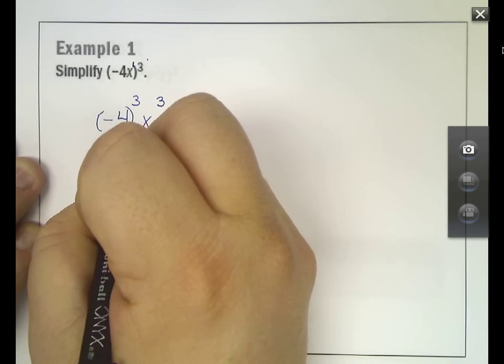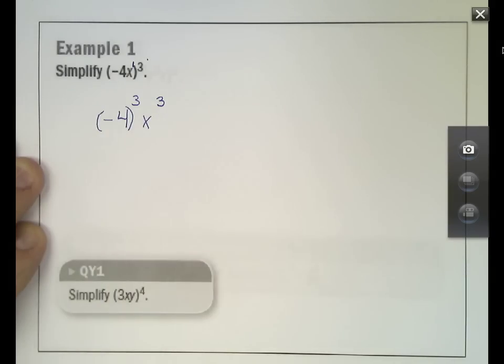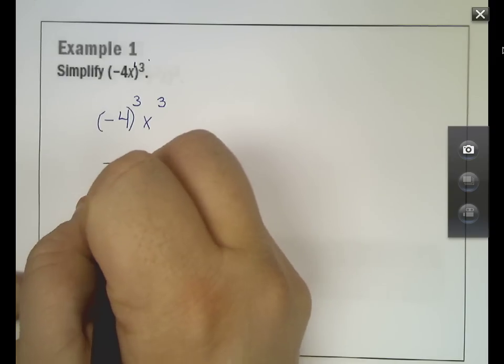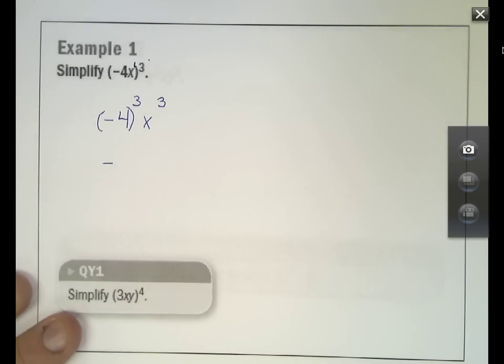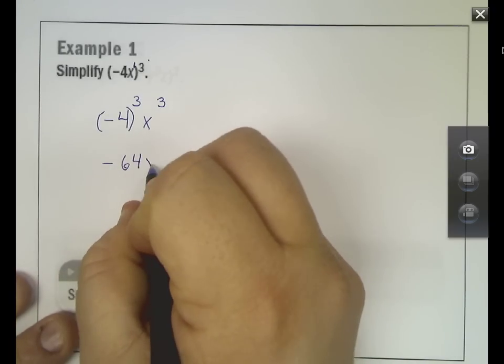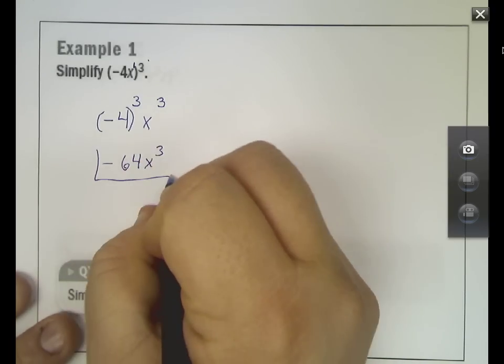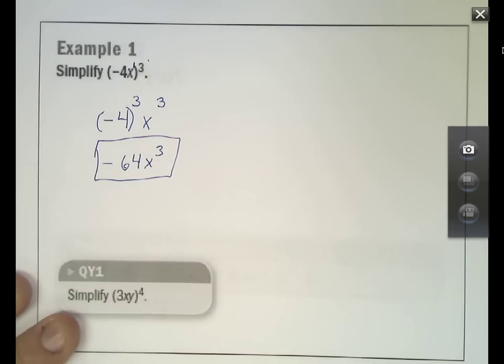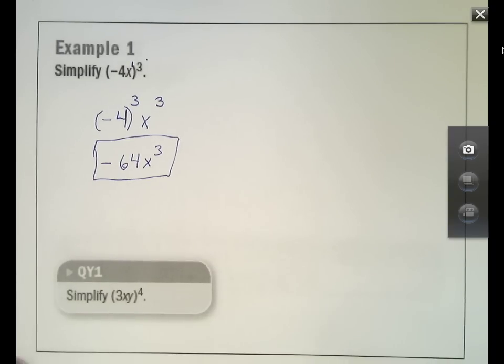What's negative 4 to the third power? Make sure you put that into parentheses. Negative 4 to the third power, you know it's going to be negative. 4 times 4 is 16, times 4 is 64. X to the third power. And that's your answer.